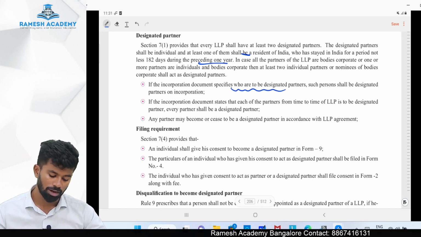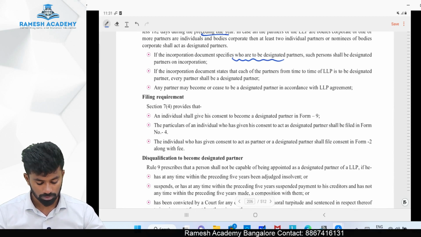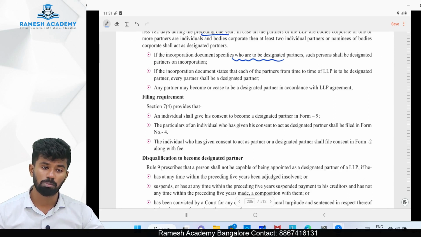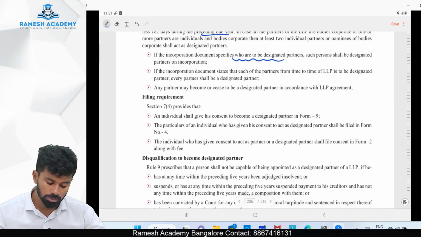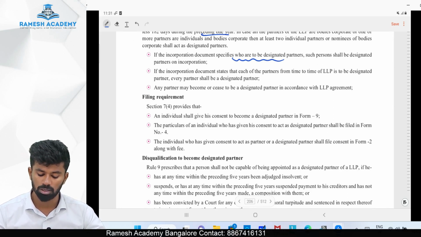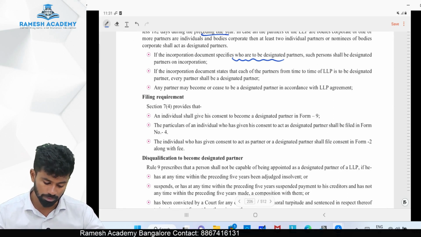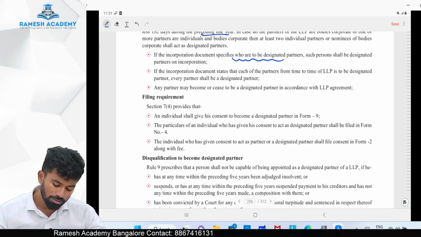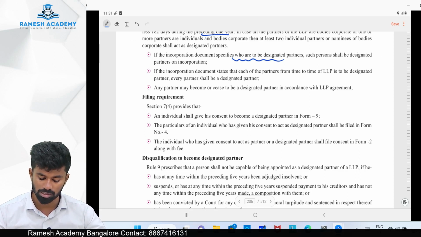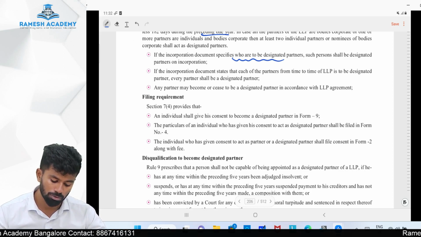Filing requirement. The one who becomes a partner of the LLP, an individual, shall give his consent to become DP in form number 9. The particulars of an individual who has given his consent to act as DP shall be filed in form number what? 4.